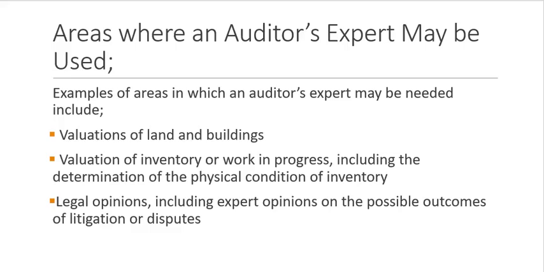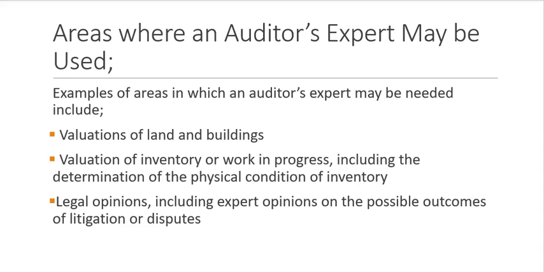Under which areas can an auditor use an expert? Not all, but we'll just provide a few areas. For example, when you're trying to value land and buildings and you don't have knowledge, you can call somebody who has knowledge in land and buildings, maybe an architect or a valuer.